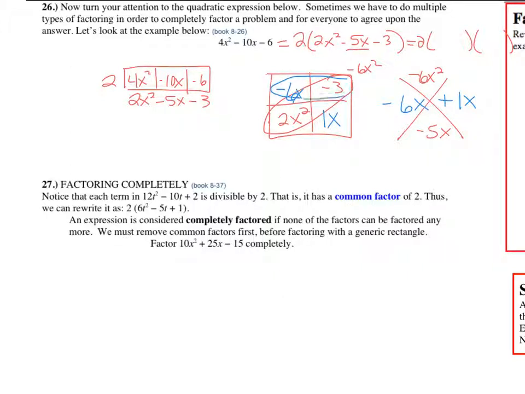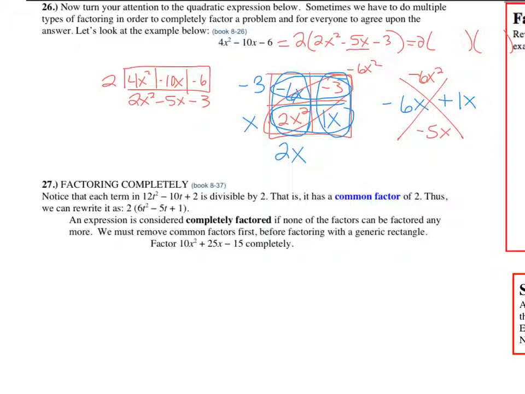And now we factor every row. Negative 6x and negative 3 are both divisible by negative 3. 2x squared and 1x are both divisible by x. Negative 6x and 2x squared are both even, so they're divisible by 2, and they both have an x.